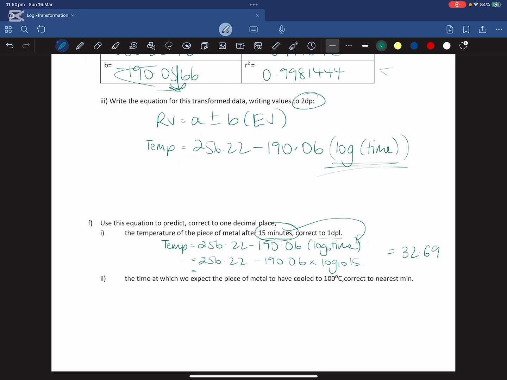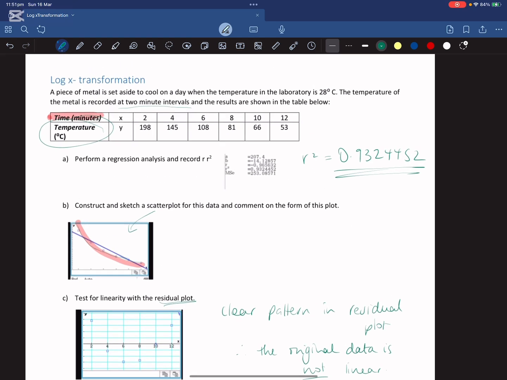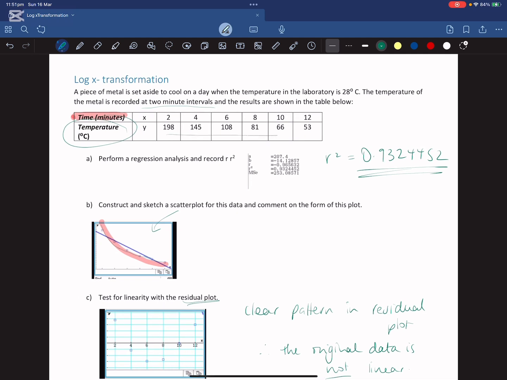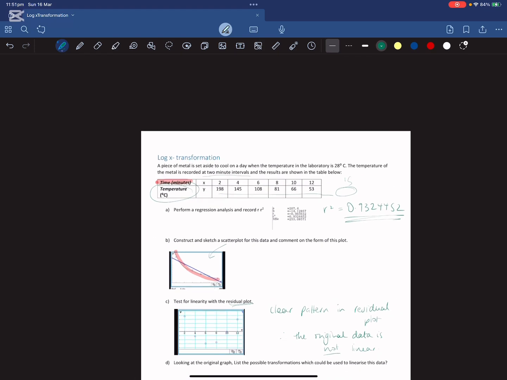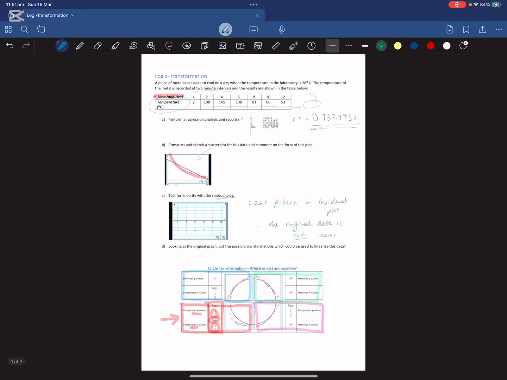So 1 decimal place, so 32.7. And that's temp, so that's degrees Celsius. Now, if you have a look at our original data for 15 minutes, it is getting lower. So at 15 minutes, I'd expect it to be probably around that 30 odd mark. All right, so that checks out.